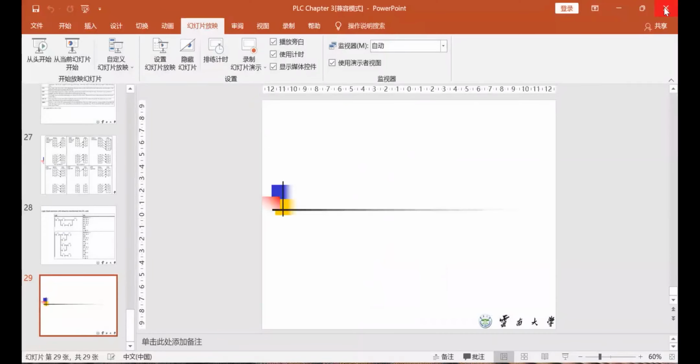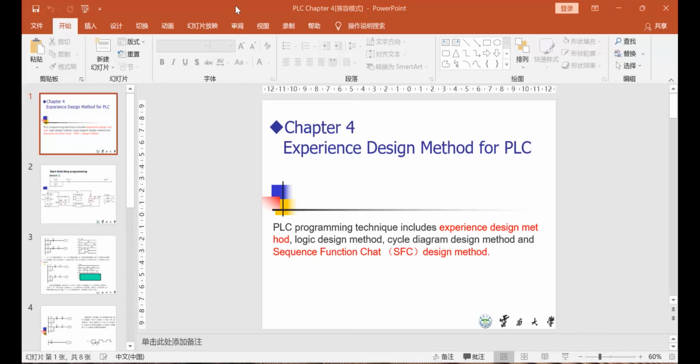And I will go to chapter 4. Maybe in chapter 4, some pictures are in Chinese.